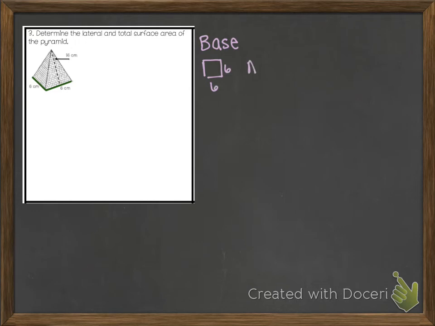The area of that is s squared, that's how we find the area of a square. So area equals 6 squared, which means 6 times 6, and 6 times 6 is 36 centimeters squared. Okay, so that's my base.